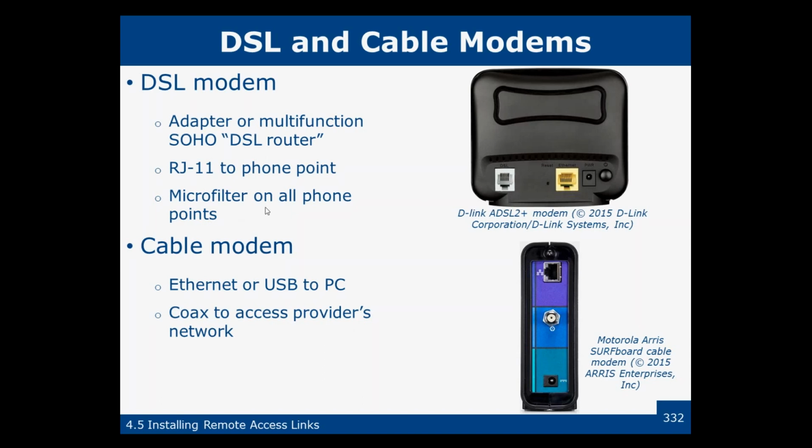It also has, and they'll provide you filters to go on all your phones because these are different frequencies, and the DSL signal is kind of a squeal, which wouldn't sound very pleasant on the telephone itself. The cable modem, we bring our cable connector in, and then RJ45 to the router, or if it is a combination device, it'll have the wireless and the switch built into it.